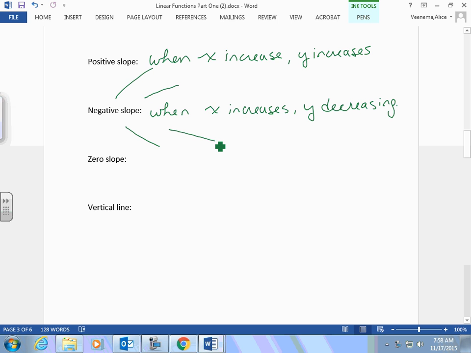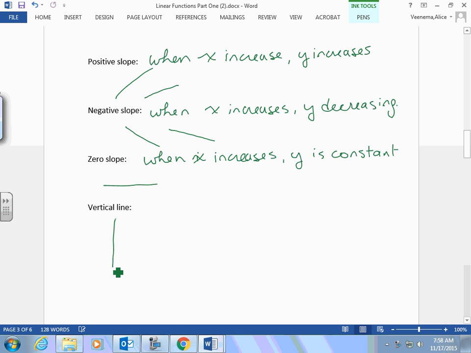A zero slope. When x increases, y is constant. So a constant function has a slope of 0. That gives us a horizontal line. If you think about the formula delta y, or the change in y over the change in x, it means that when you subtract the two y values, you've got a 0 in the numerator, so you end up with a 0 slope. The last case to look at is vertical lines.